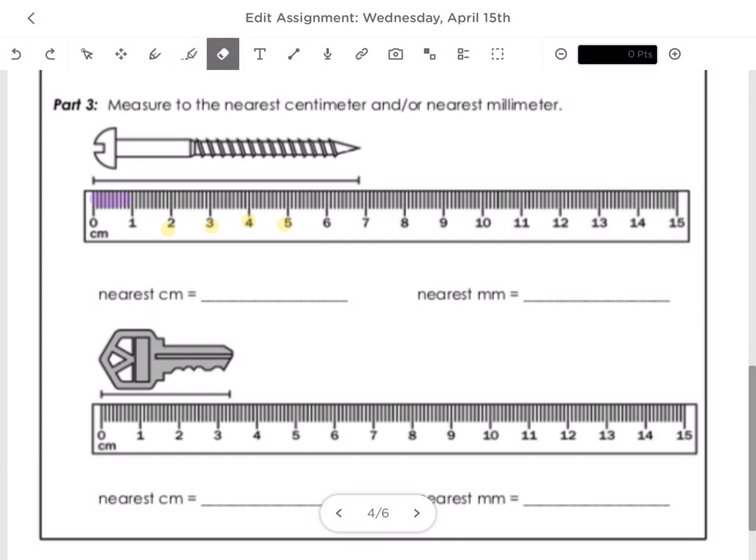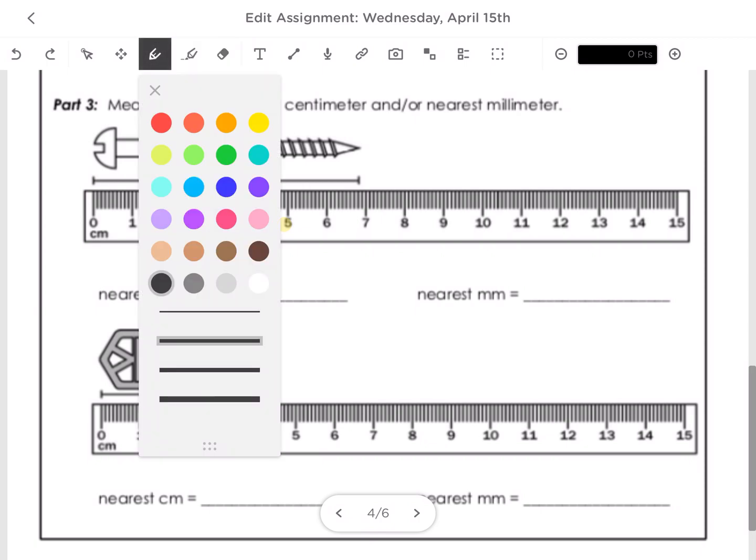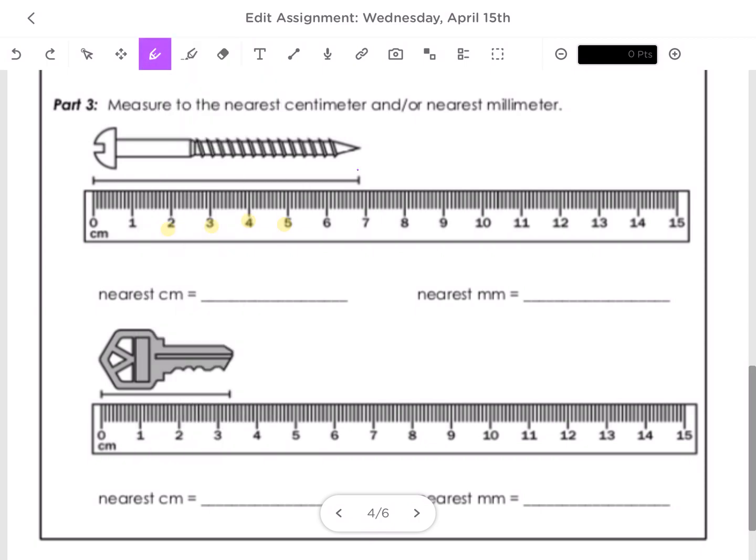So if we look at this first one and we want to find it to the closest centimeter, if we draw that line of where that nail ends, it looks like it is closer to 7 centimeters, sorry.